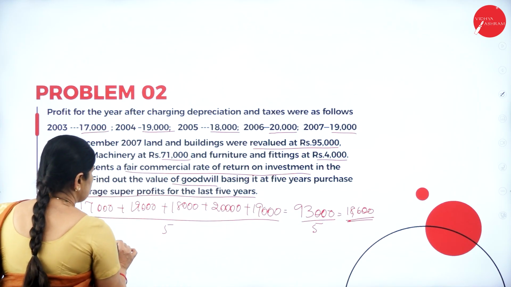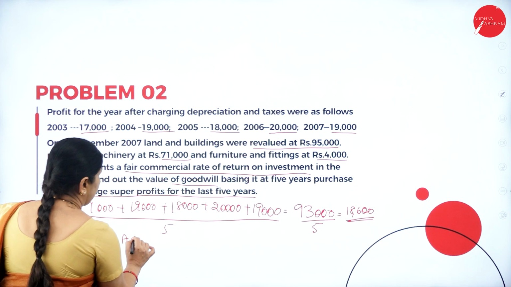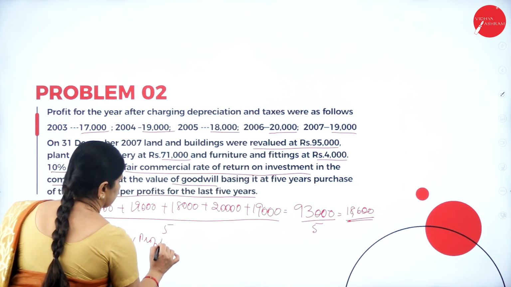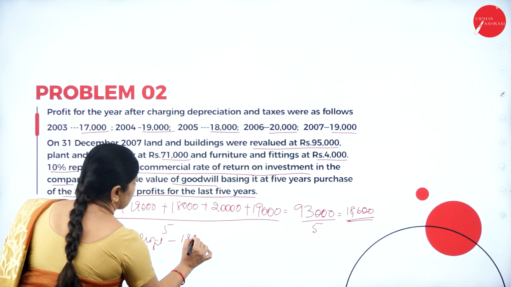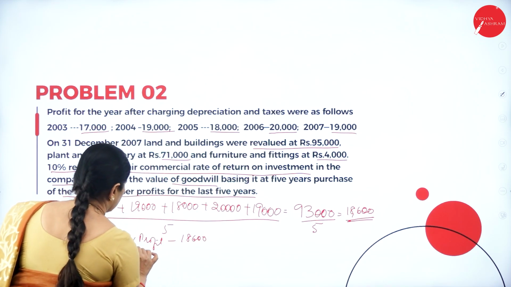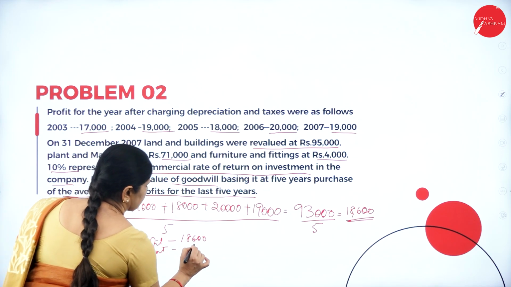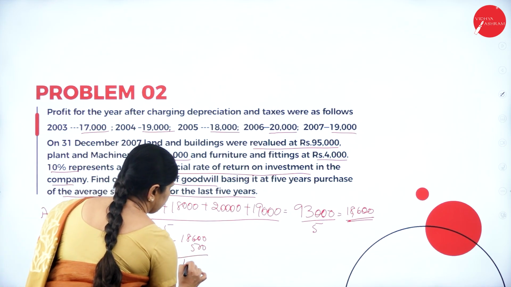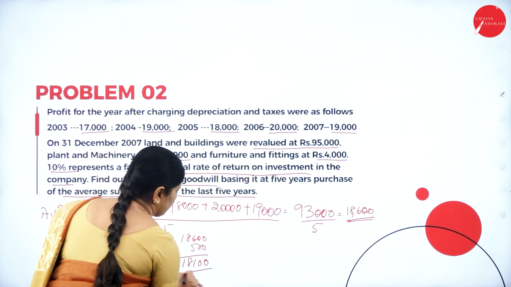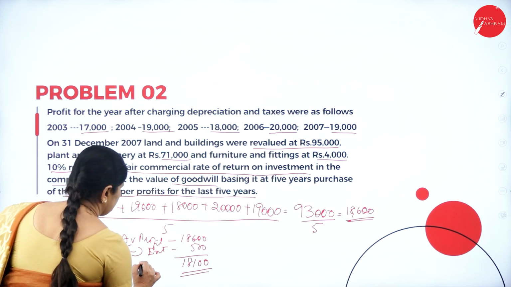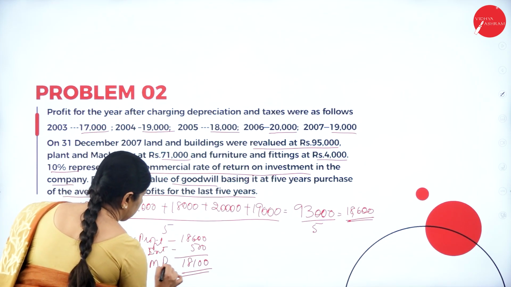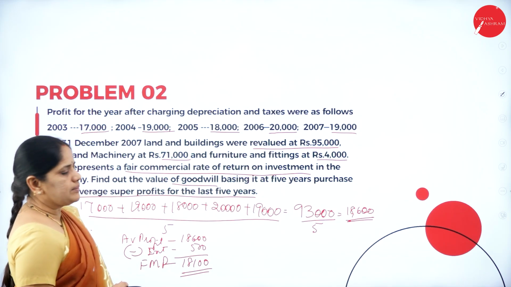So, from average profit 18,600, I am deducting the interest 500, I get 18,100. This is the FMP, or the future maintainable profit.